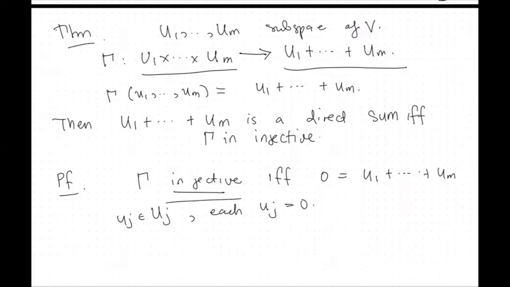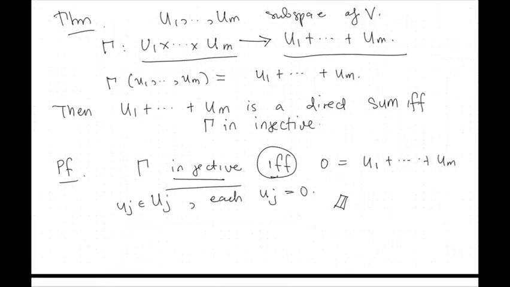This is by being injective. Thus this is if and only if, which is true if this is a direct sum. So the claim follows by the definition of direct sum. Notice that this is just a sketch of the proof here. And then I will consider also another theorem whose proof I will leave as an exercise.